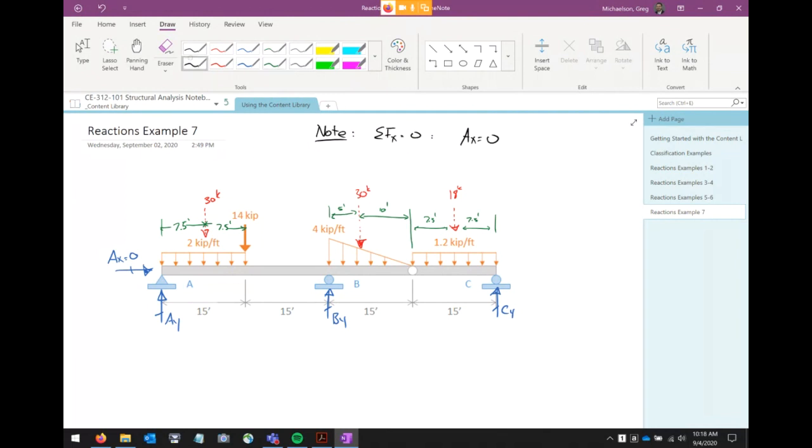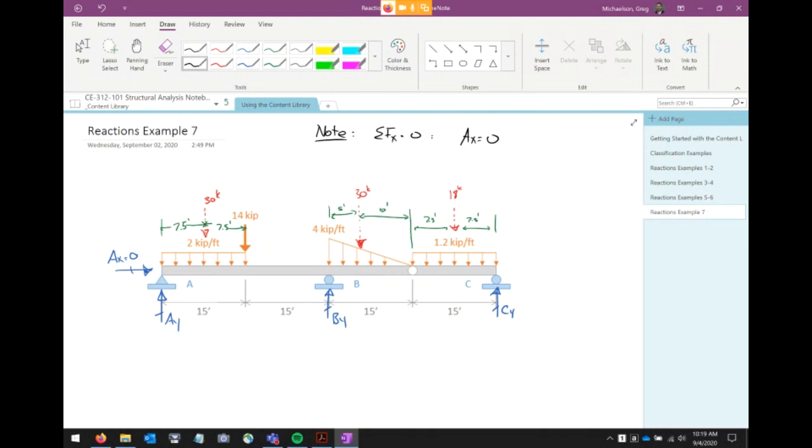Before we do any of the analysis, let's take a second and break down the problem. I'll give everybody a sec to copy this down, and then we'll get into the numbers. If you're wondering, here on the camera, this is just that beam. I just redrew it because later on I'm going to make a point about this.